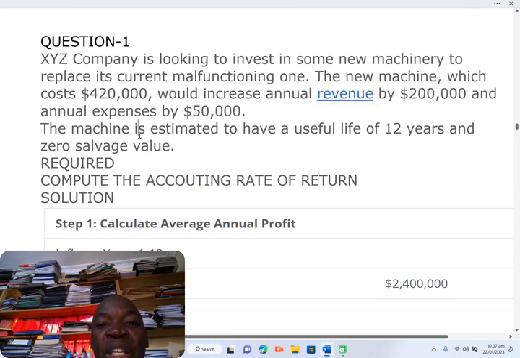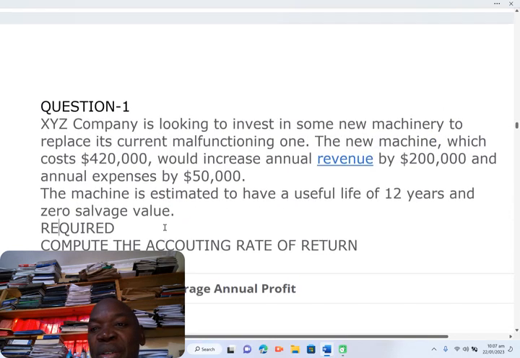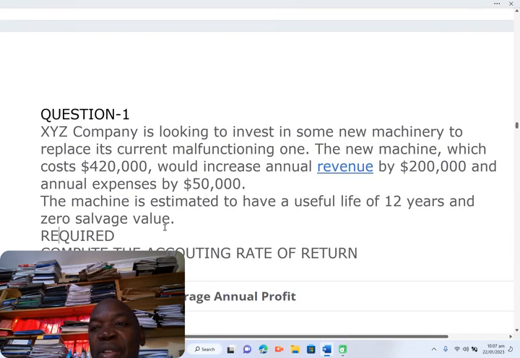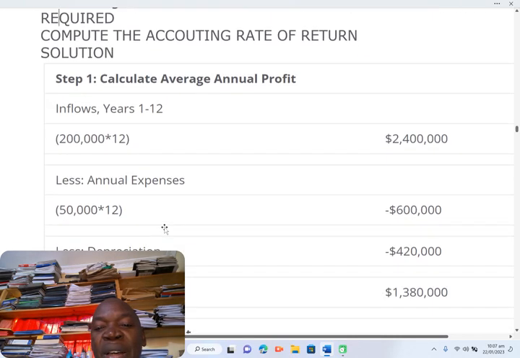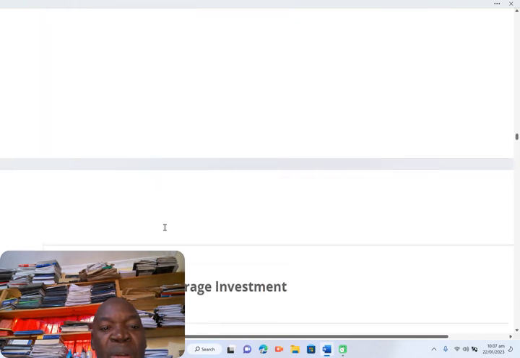The machine's estimated life is 12 years with 0 salvage value. Now compute the accounting rate of return from this. It is practical that you go through this one here and see how to handle the problem.